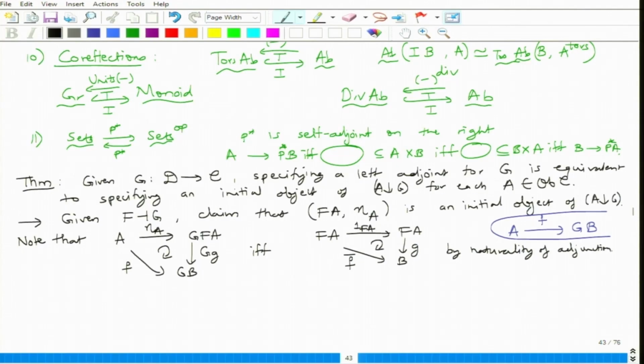But what is the meaning of the second diagram commuting? G equals F bar. Okay, so therefore there is a unique G equal to F bar such that this happens.